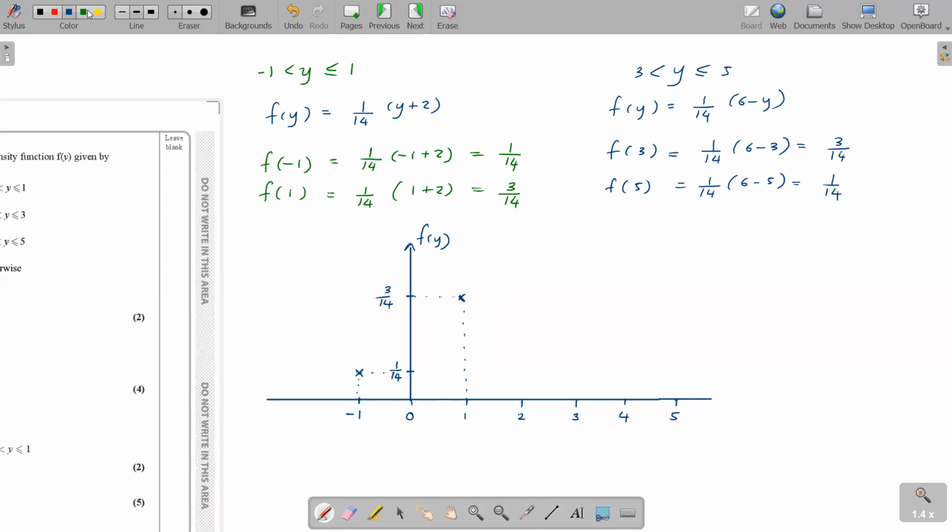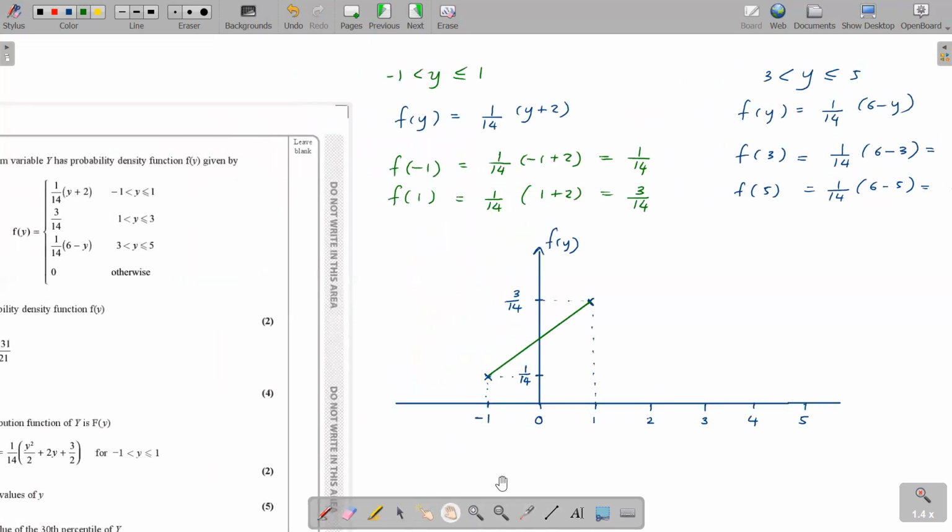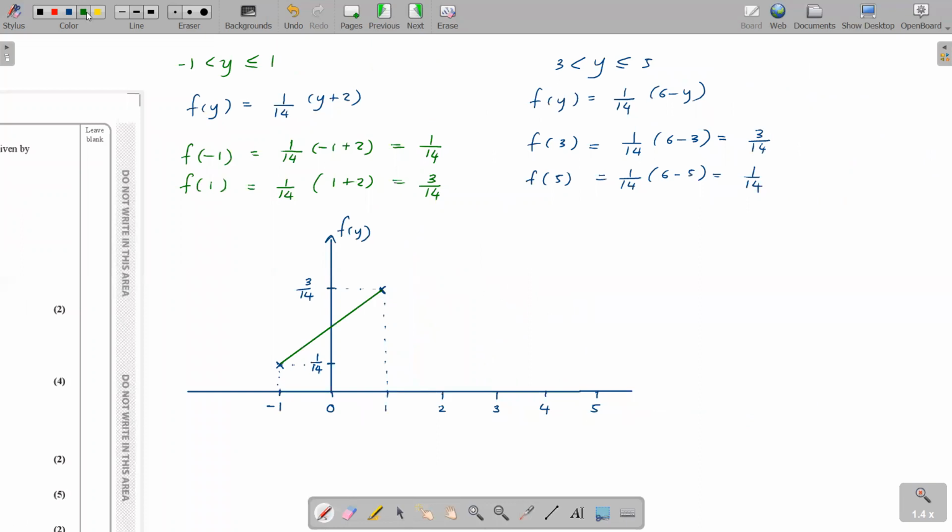Yeah, draw a line joining these two. And then from 1 to 3, right? From 1 to 3, it's 3 over 14, maintain. You maintain the 3 over 14. Do you agree?